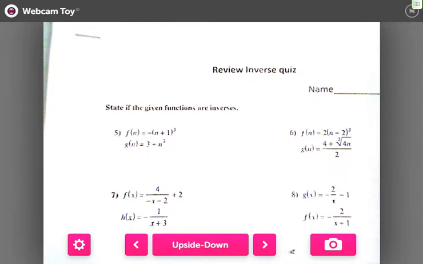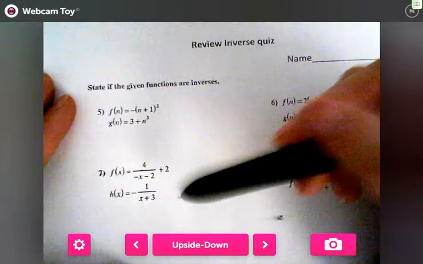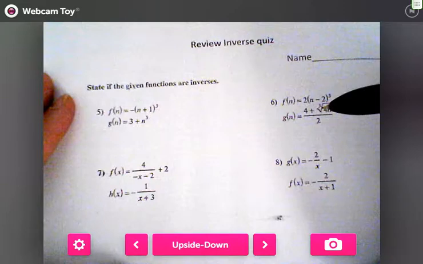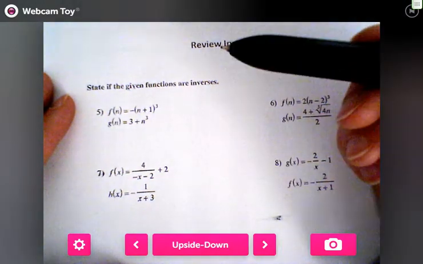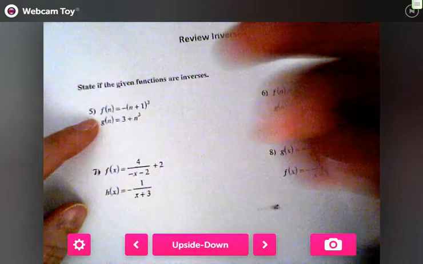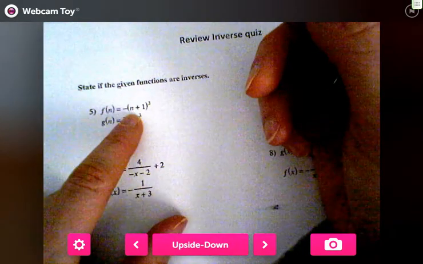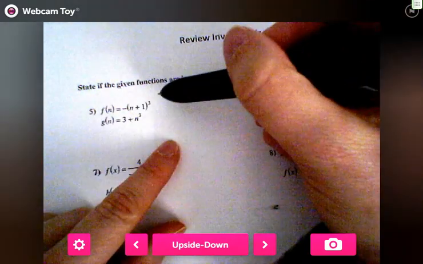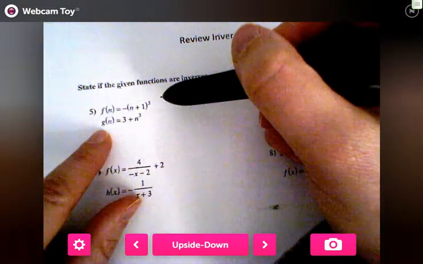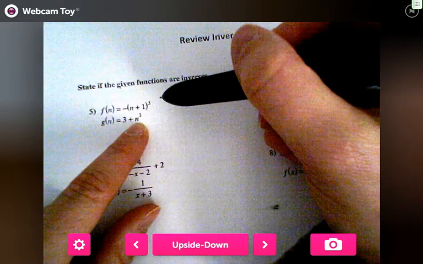Okay? All right. 5, 6, 7, and 8 is all about, are these the inverse of each other? So for number 5, this is f of n equals negative n plus 3, the quantity of n plus 3 cubed. And does that equal g of n equals 3 plus n to the third if I take the inverse?